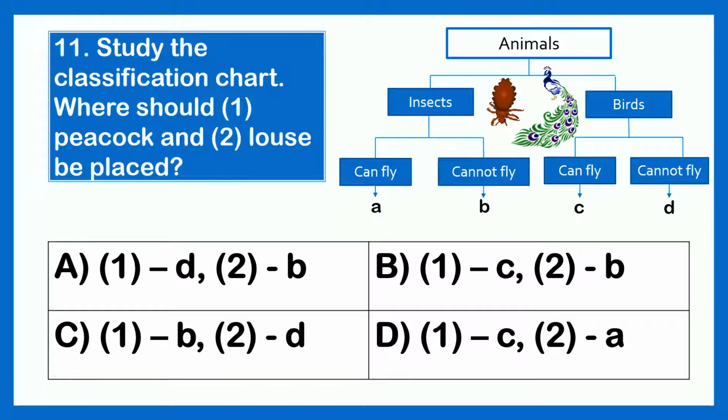Study the classification chart. Where should 1 peacock and 2 louse be placed? So from the chart we can see that animals are classified into insects and birds. In insects we have 2 groups, can fly, cannot fly. In birds we have 2 groups, can fly, cannot fly.